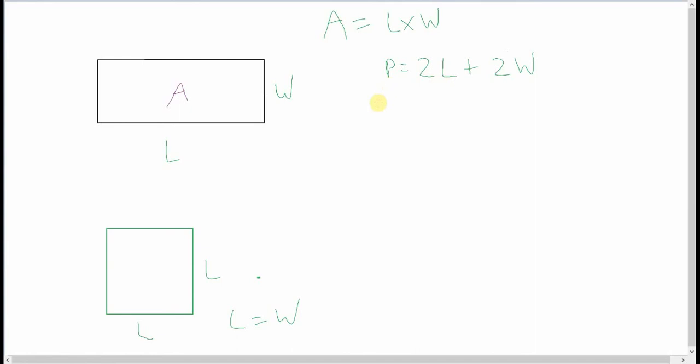So say our perimeter is 100. Then we're often trying to find one of our dimensions, say the length, given the width, and it's helpful to isolate that variable.